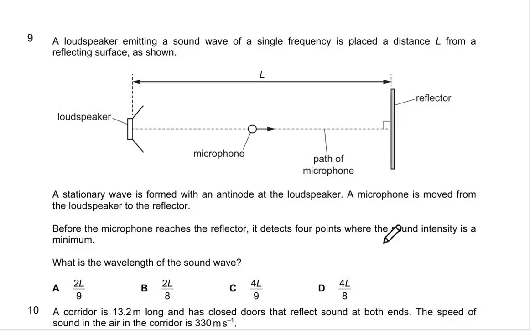We have four minimum sound intensity points. It refers to nodes. So we have 4 nodes before it reaches the reflector. The particle at the reflector is also a node, so this is 1 node plus 4, and then we have 5 nodes here.